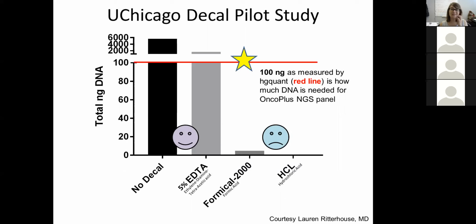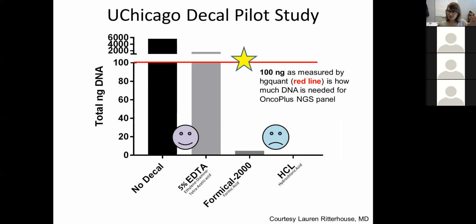So in our pilot study years ago, we looked at 5% EDTA, which is gentle, and we looked at no decal, and both met molecular criteria for adequate DNA. We looked at our standard decal, which is hydrochloric acid, and we looked at this other formic acid, both very bad, all right? So HCl and formic acid, bad for molecular testing.